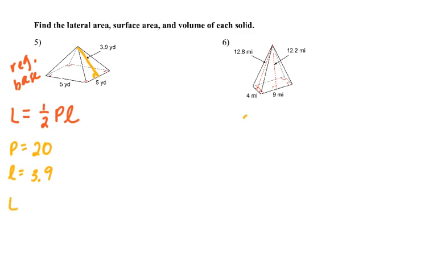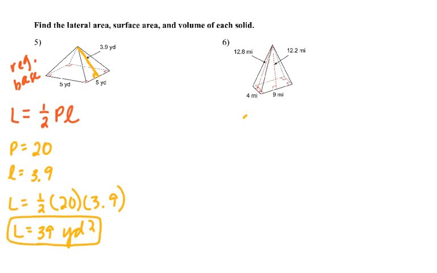So our lateral area is half of the perimeter, 20, times 3.9, which is the slant height. Of course, I don't have my calculator, but half of 20 is 10, and 10 times 3.9 is 39. So our total lateral area is 39 square yards. Okay, now our total surface area, let's look at that.